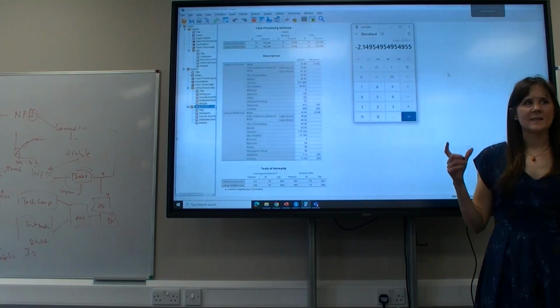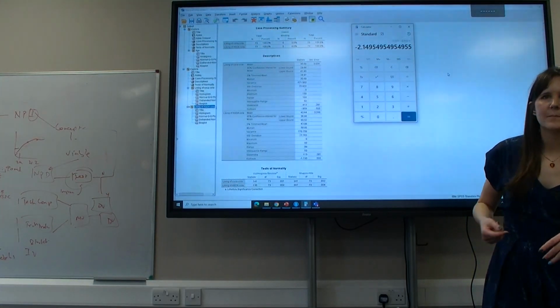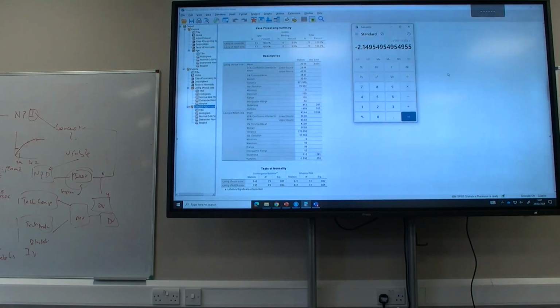And then in brackets, Z equals minus 2.15. Okay, so you do the same for each of them.